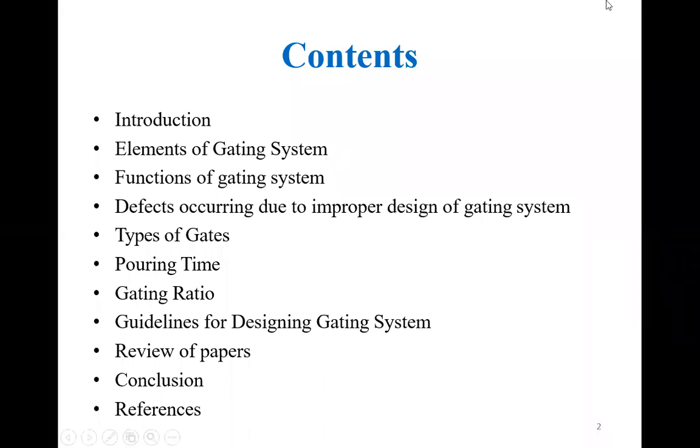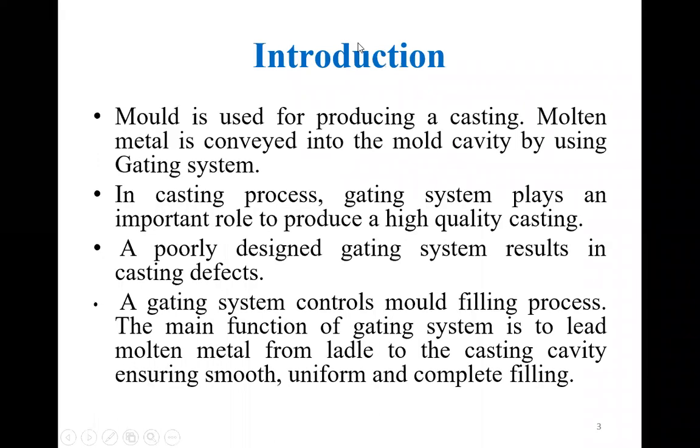So what is meant by gates? Introduction: you already know what is meant by a gating system and how it is arranged. The mould is used for producing a casting. The molten metal is conveyed into the mould cavity by using the gating system. Only by using the gating system is the molten metal flowed over to the mold piece.